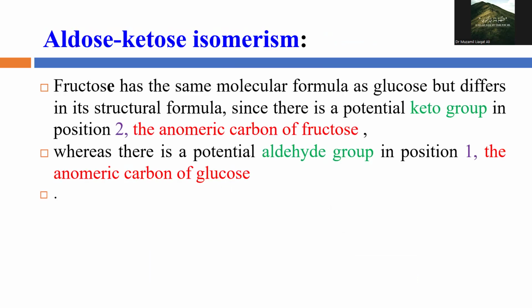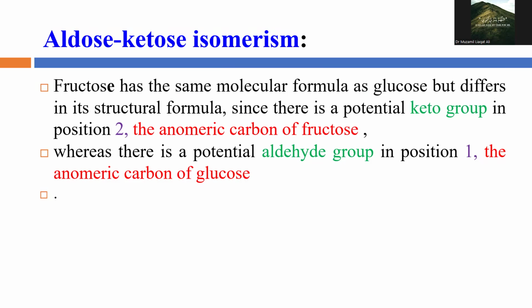Let's talk about the aldose ketose isomerism. This is basically a recap for emphasis, right? Fructose, the ketohexose, and glucose, the aldohexose, share the molecular formula C6H12O6, but differ in the position of the carbonyl group. In glucose, the aldehyde is at carbon number 1.